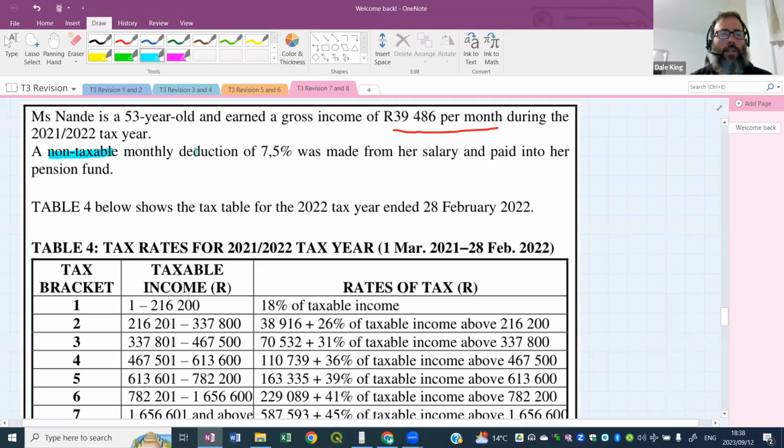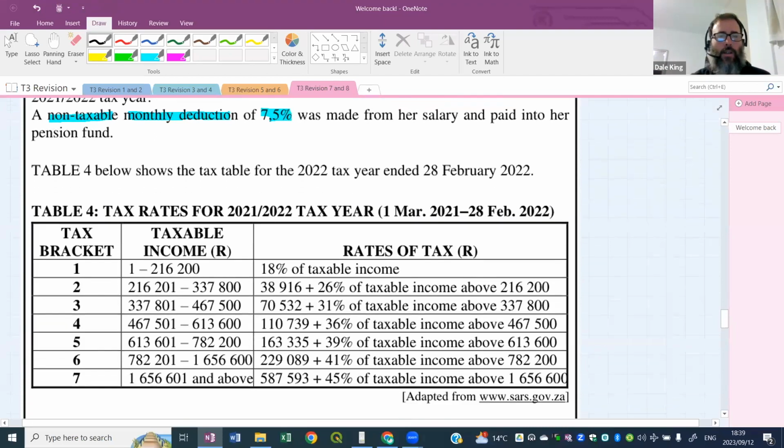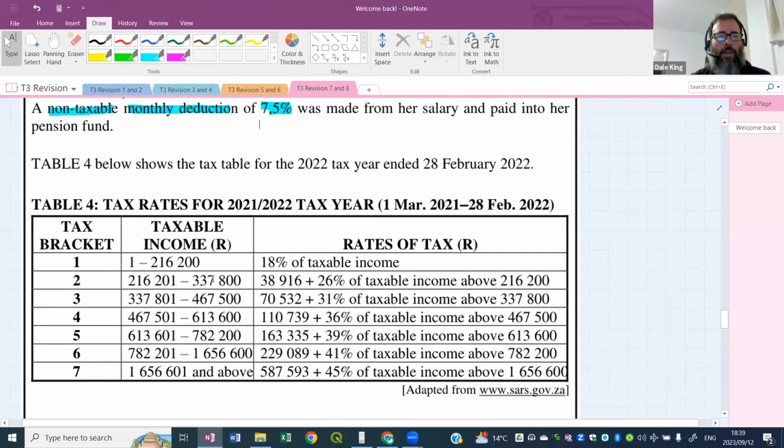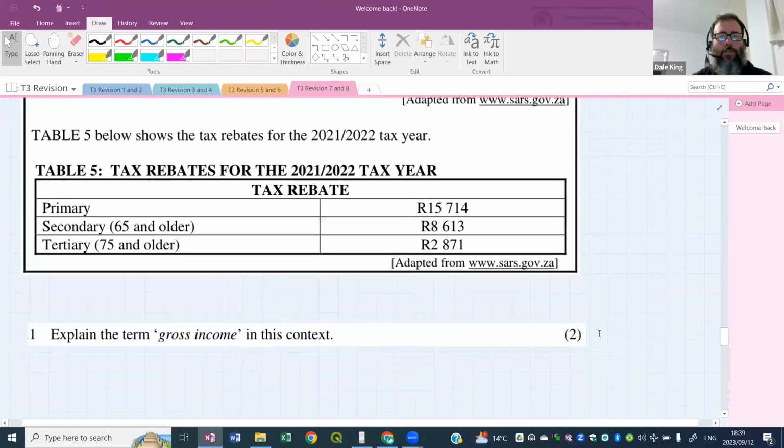So that must not be taxed. It must not form part of this calculation. Table 4 below shows the tax table. It's very similar, except the numbers are a little bit different. The percentages seem all the same. There's the rebate table at the bottom as well.